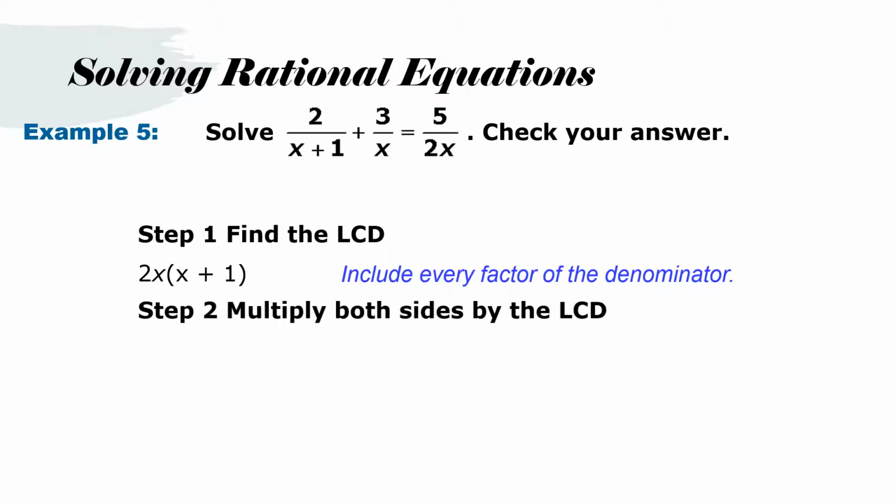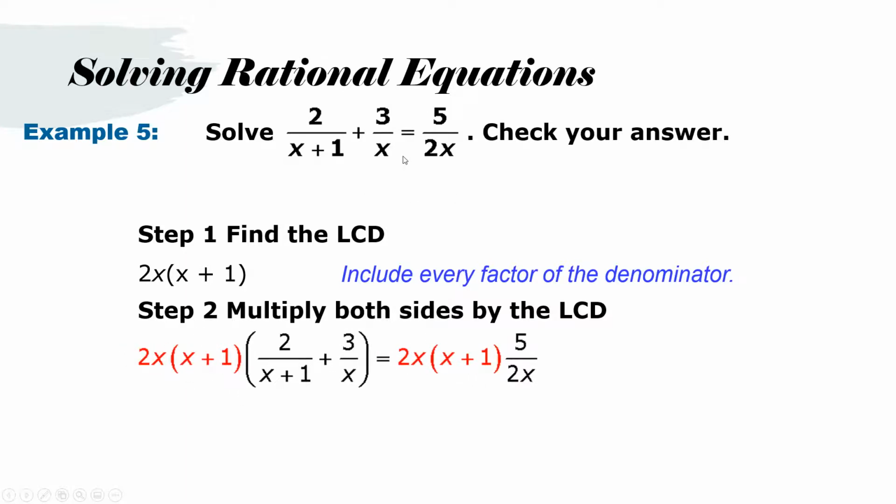Step 2, multiply both sides by the LCD. So 2x times the quantity x plus 1 will be multiplied to both sides of the equation. So you have 2 over x plus 1 plus 3 over x equals 5 over 2x.